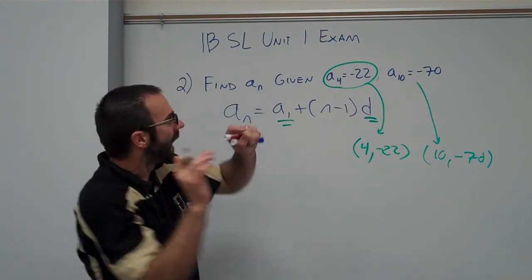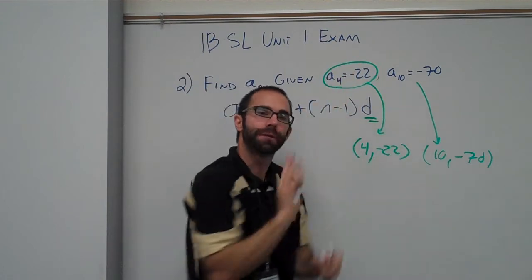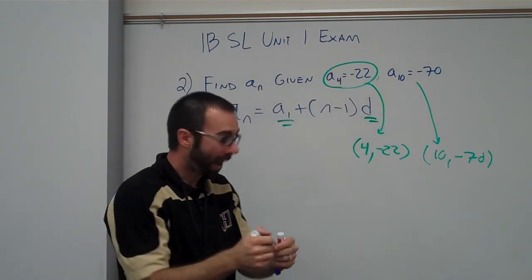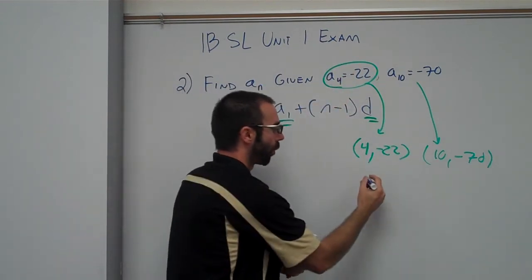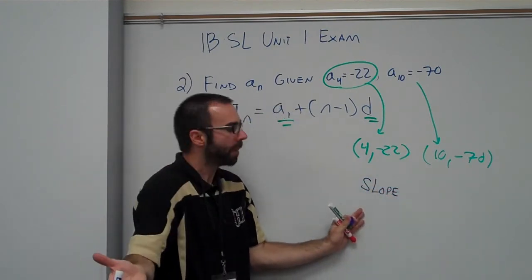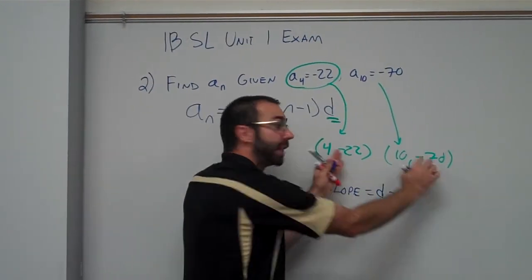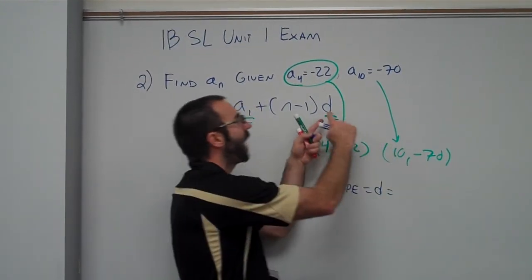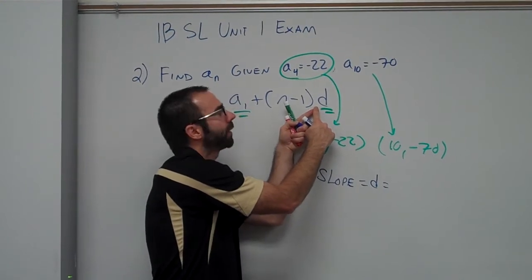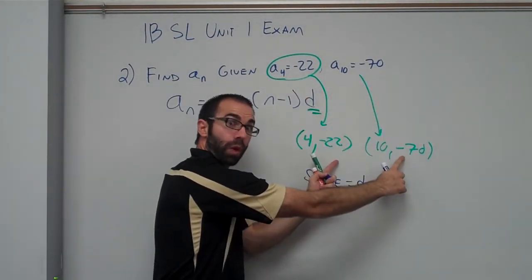So if we're given two coordinate points here, you can find the D by using our slope formula. The way that we find the slope between 2 points, which you learned back in your algebra years, is the same thing as our common difference. So we're going to find our D by finding the slope between these 2 coordinate points right here.